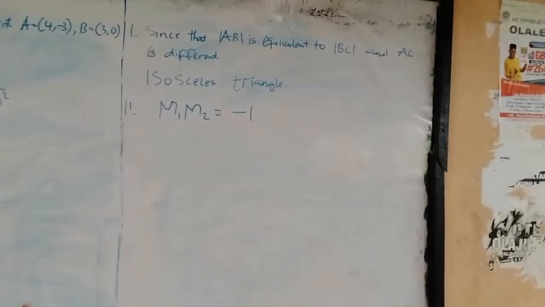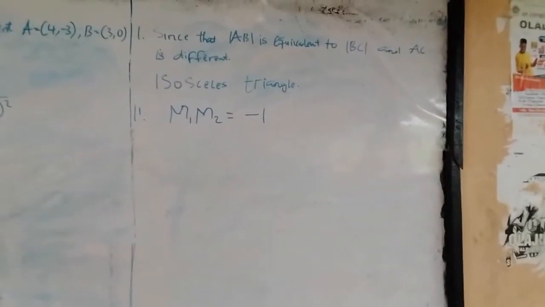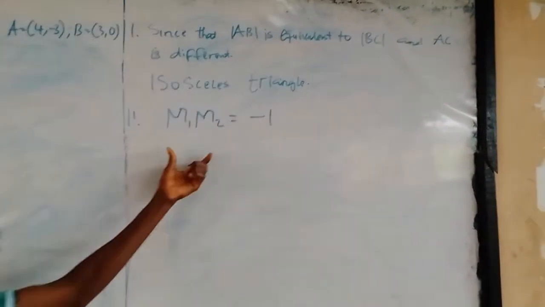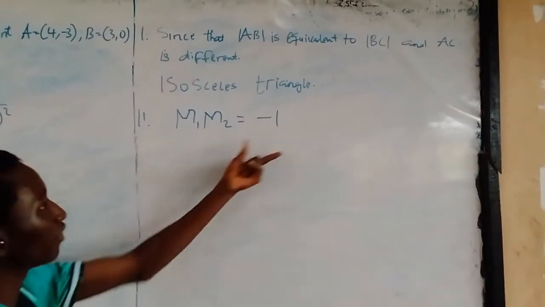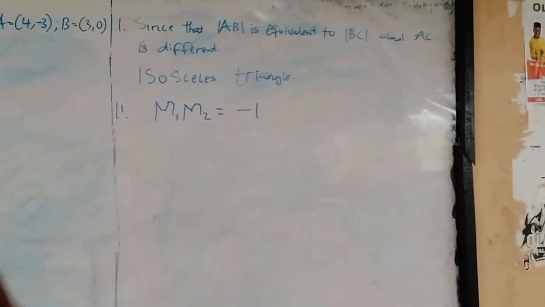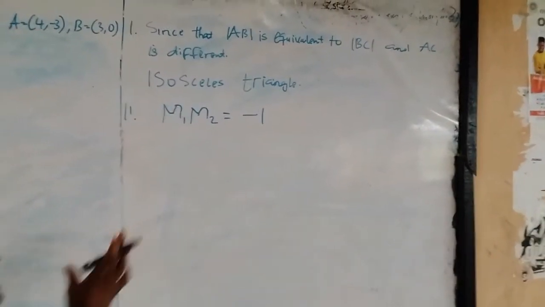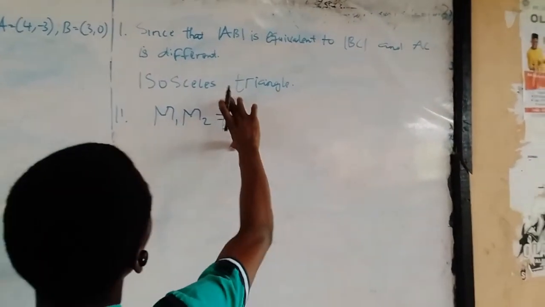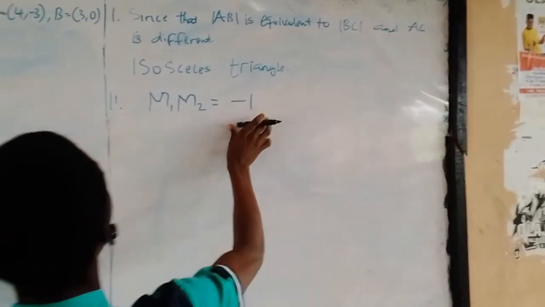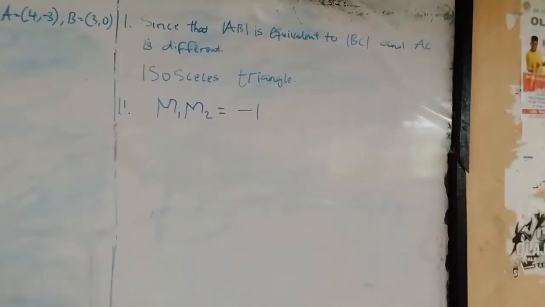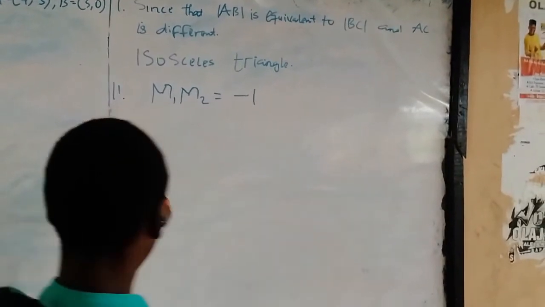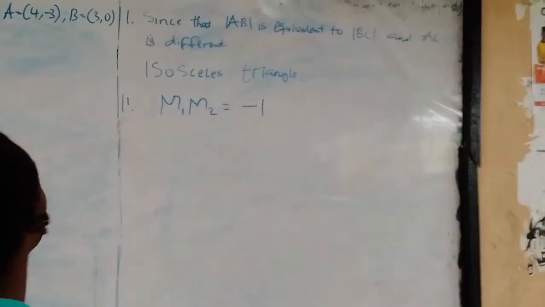So we find the gradient of AB and the gradient of BC, then multiply them together. If that gives us -1, it is perpendicular. But whenever it is either greater than or less than -1, it is not perpendicular to each other.